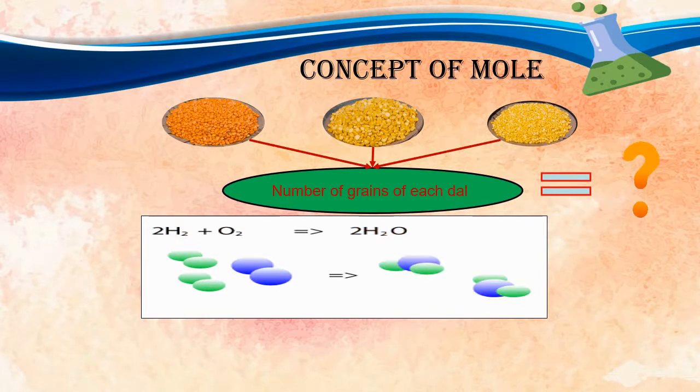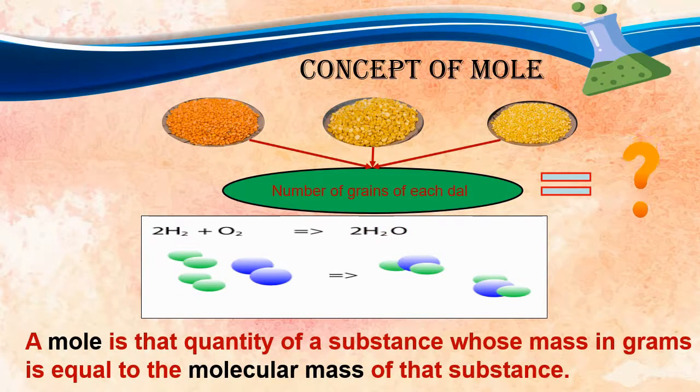The concept of mole is useful for this purpose. A mole is that quantity of a substance whose mass in grams is equal to the molecular mass of that substance.